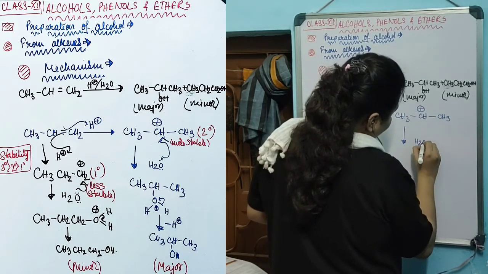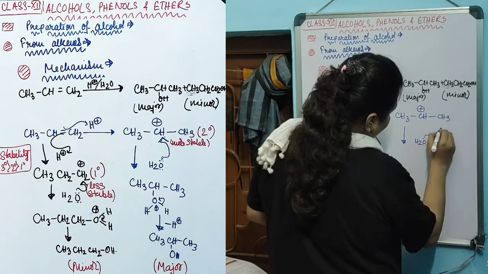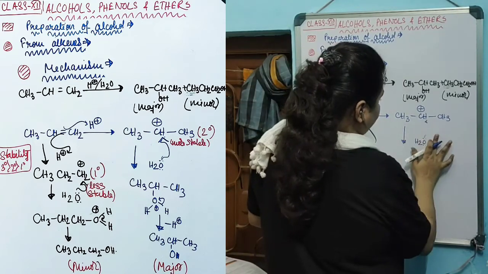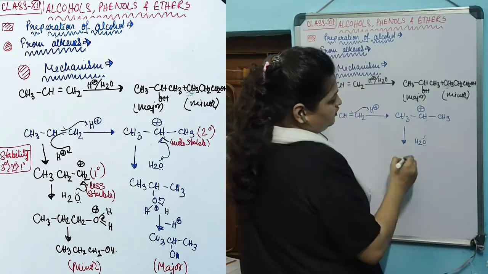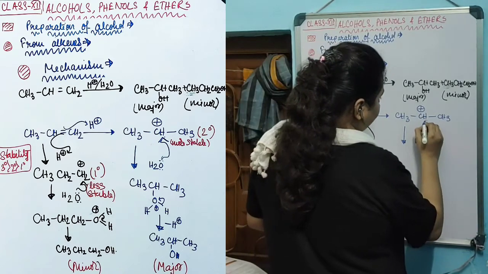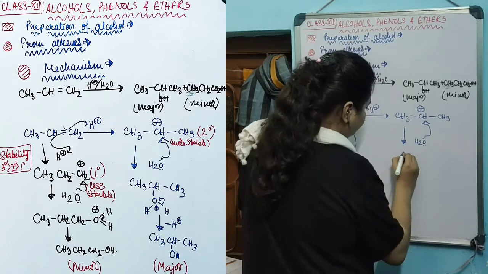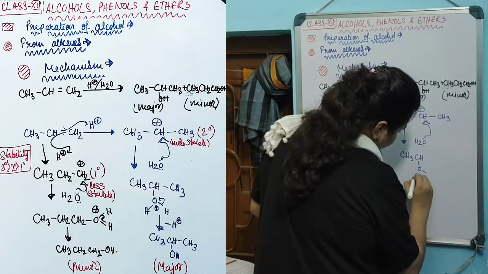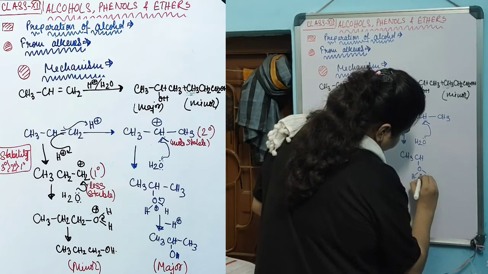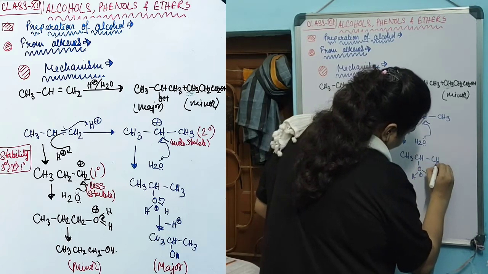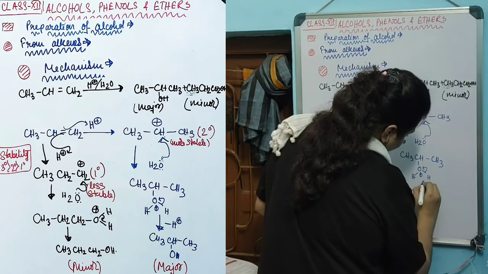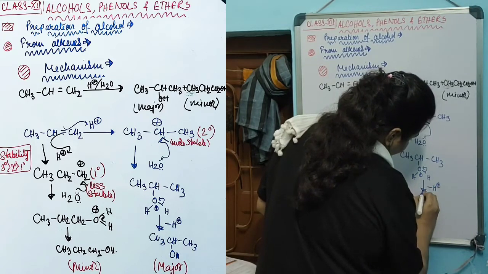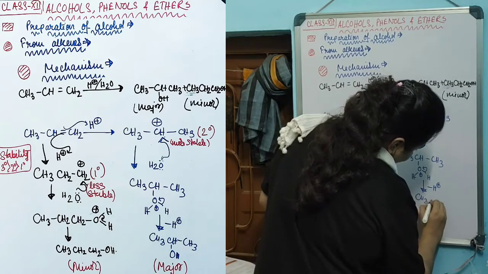In the next step, water, via a lone pair of oxygen, attacks the middle carbon, the carbocation carbon, and produces this particular compound, which by releasing one H plus back to the reaction mixture produces the alcohol.